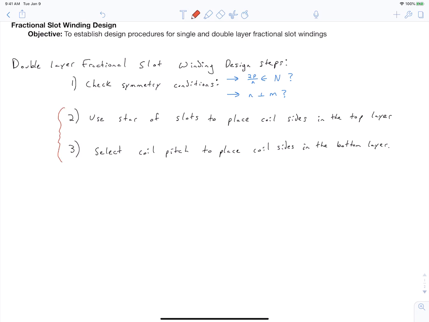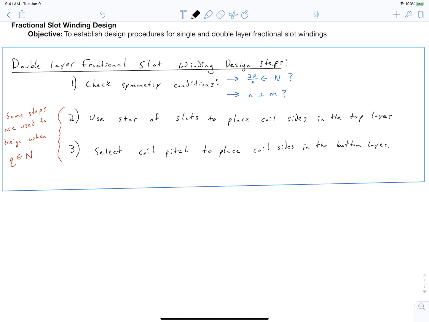And these last two steps are identical to the steps that we do to lay out an integral slot winding. The only difference for the fractional slot double layer winding is that we need to carefully check our symmetry conditions. Remember, for an integral slot winding, the fact that Q is an integer means that it satisfies the symmetry conditions. For the fractional slot winding, we have to manually check these expressions.